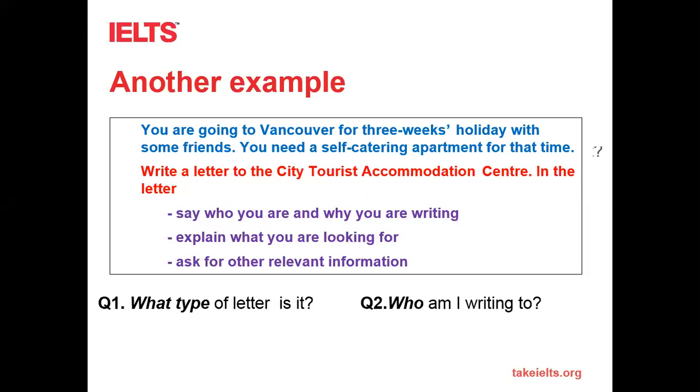So what type of letter is it? It's, yes, asking for information. Who am I writing to? Well, the City Tourist Accommodation Centre is not a person, so who would I be writing to? Yeah, possibly a team, possibly a manager. Would I know this person's name, do you think? Right, probably not.